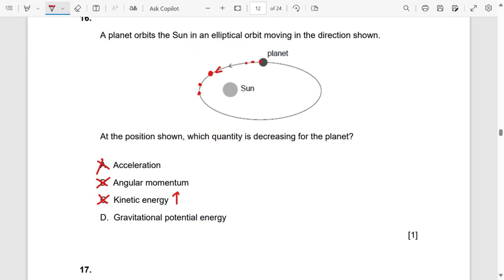Well, gravitational potential energy is that beautiful one that has that negative that scares everyone. Okay?